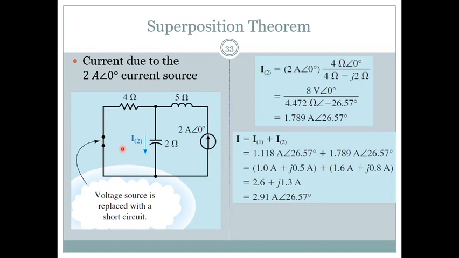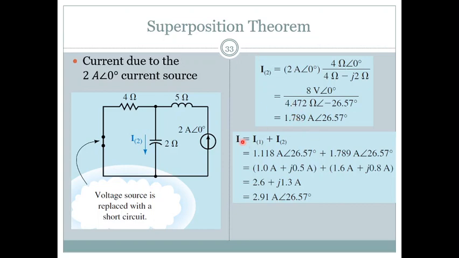Once you remove the voltage source, you have to use the current divider rule, because this will be short circuited. So there is a current division happening between these two. 2 amperes comes here, and that is divided between this and this. So by the current division rule, 4 ohms divided by 4 ohms minus j2, that is 4 divided by 4 minus j2, into 2 amperes, you get I2.